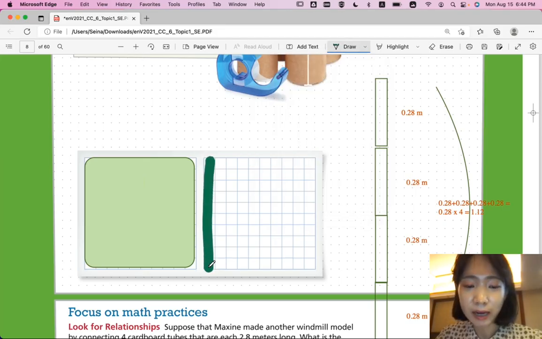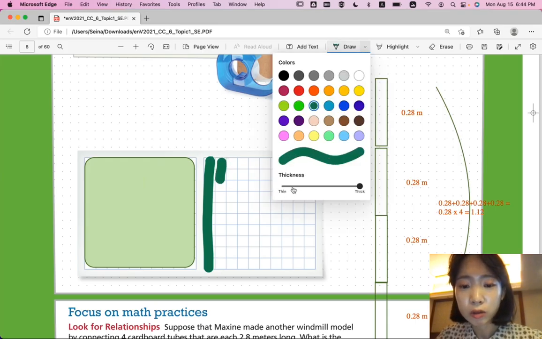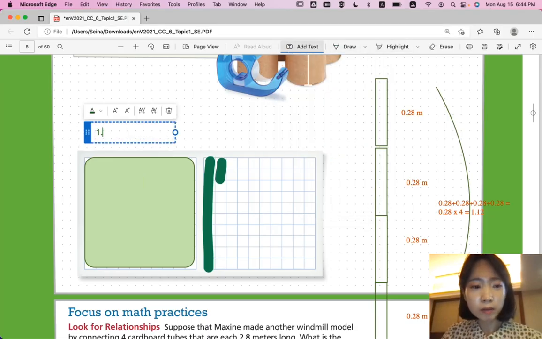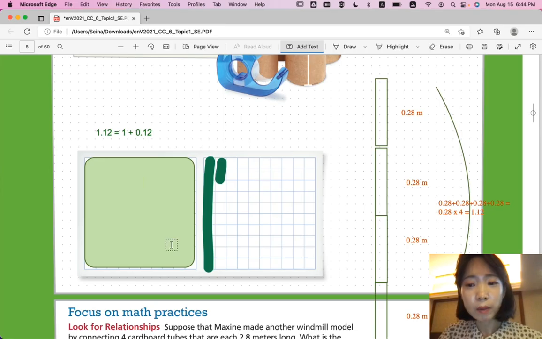So that is 10 cubes and 2 more, because you know that 1.12 is equal to 1 plus 0.12. So this is represented as a graph.